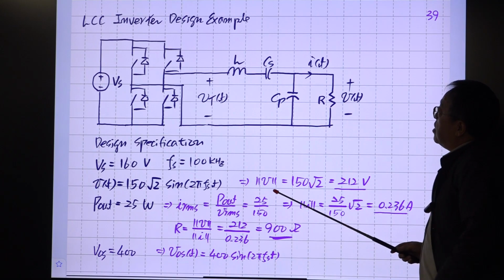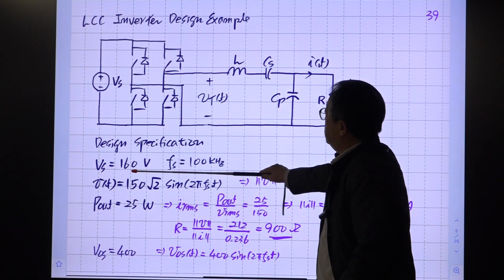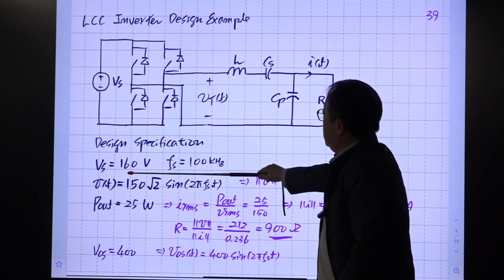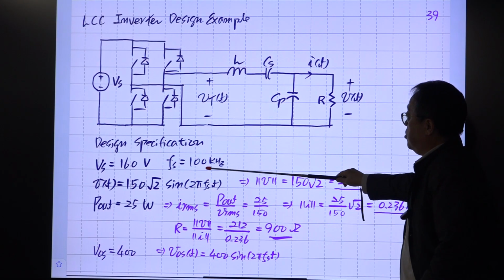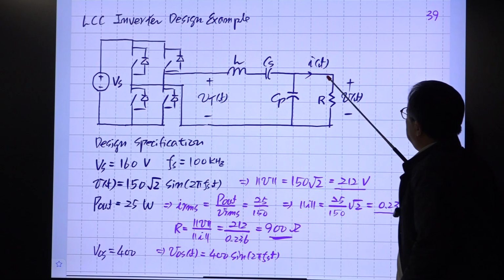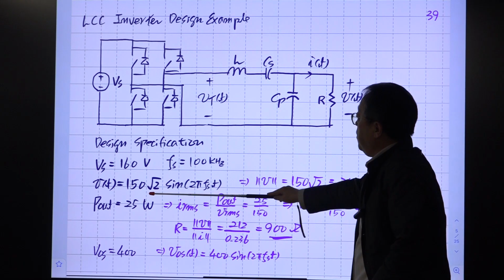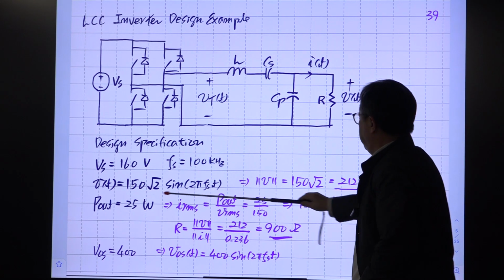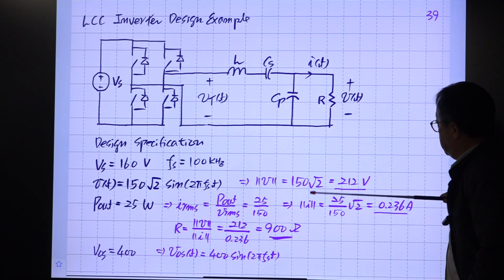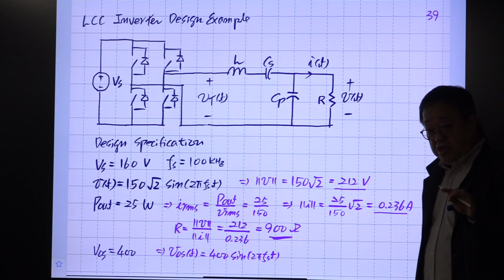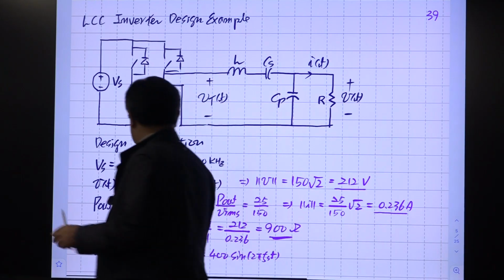And design spec, input voltage 160, and the switching frequency is 100 kilohertz. And this output voltage, this is RMS, this is peak value. So peak value is this number, and output power is 25 watt, right?